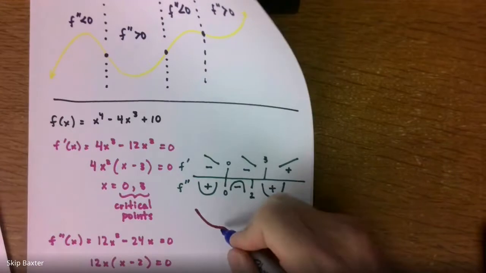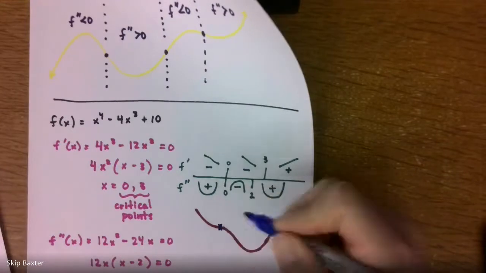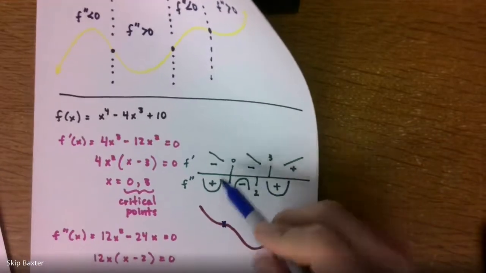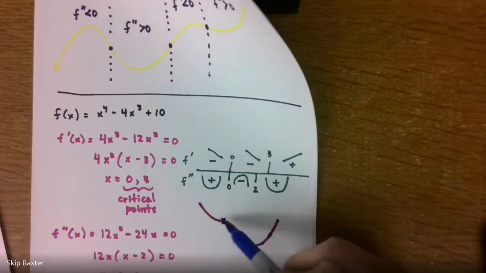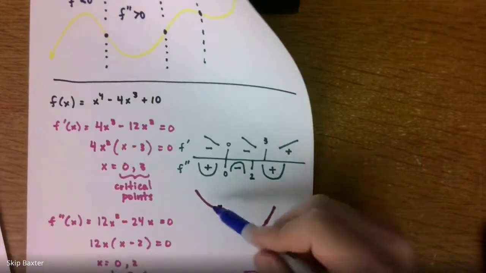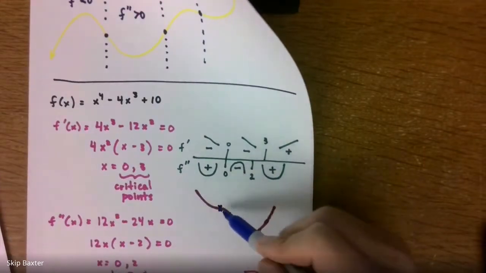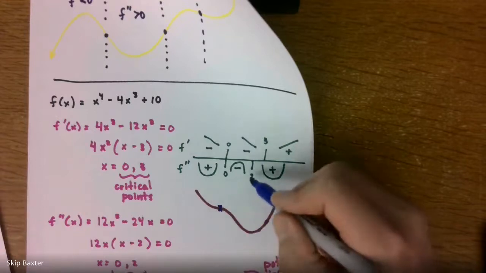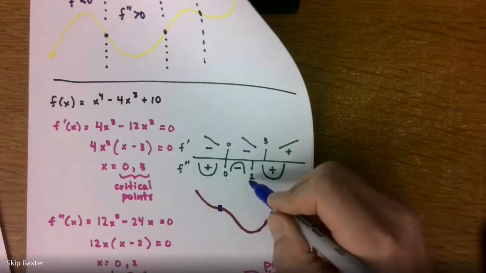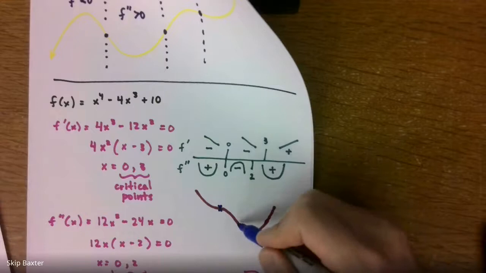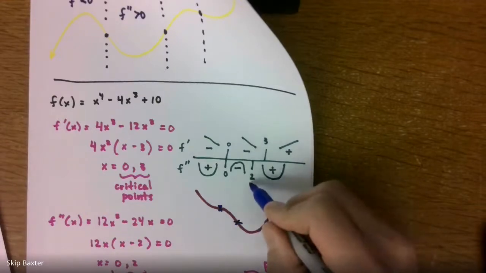Okay, so let's identify these points. Like this point right here corresponds to where the function has a 0 derivative, flattens out for a second, and it also changes concavity from concave up to concave down. There's an inflection point, I'll be like right here somewhere, that corresponds to that.